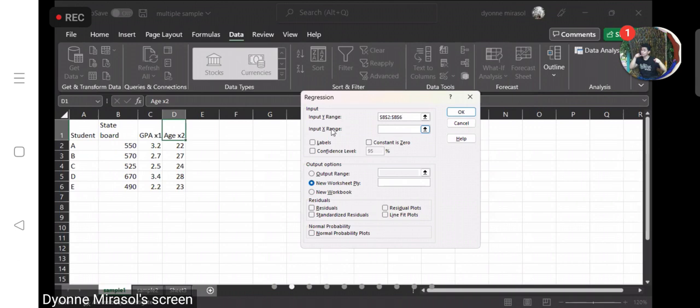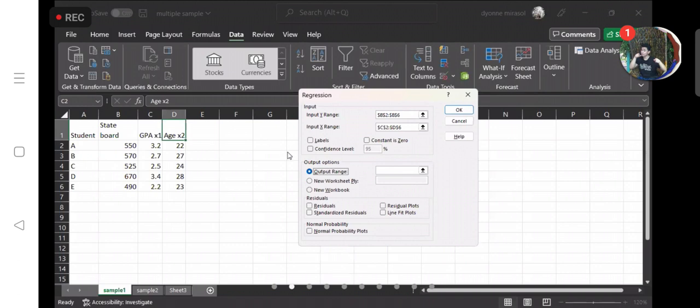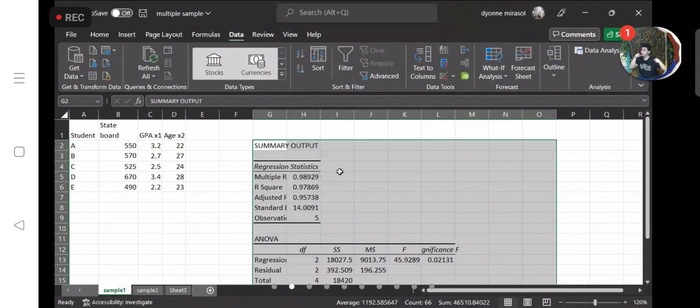When inputting the X range, input all the X values. For the output range, the output options, you can also place the output on the same page or a new worksheet. Once you click OK, the data will appear.